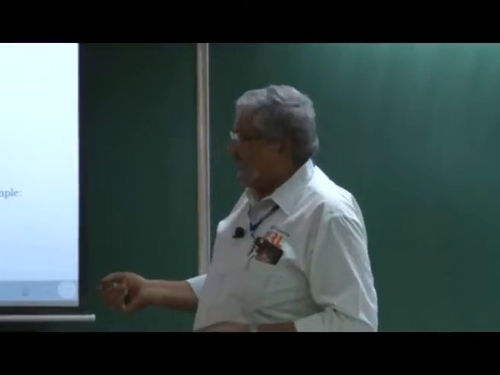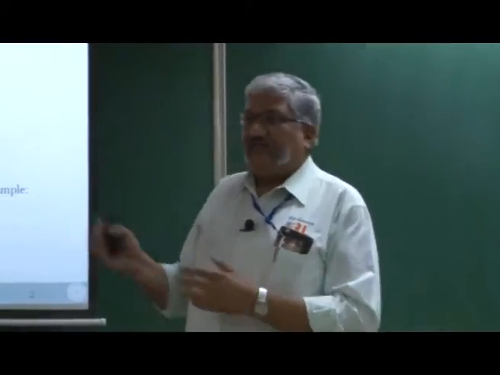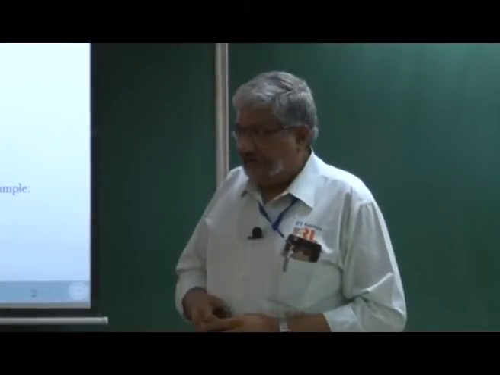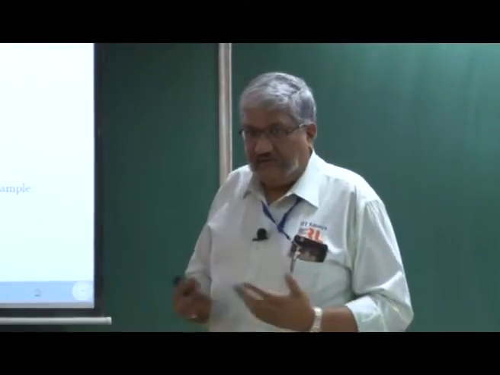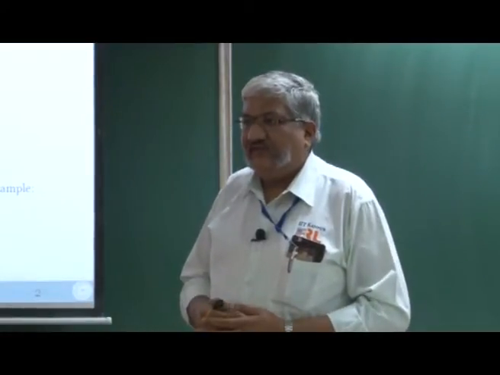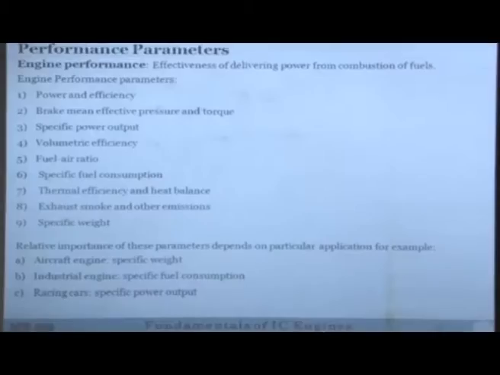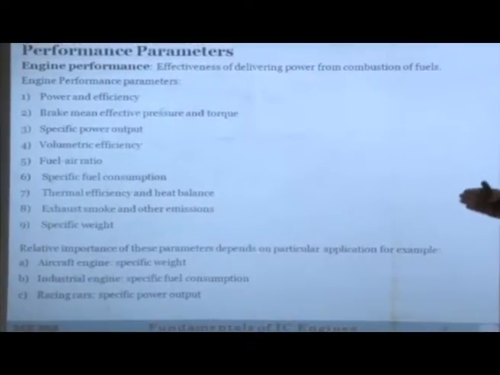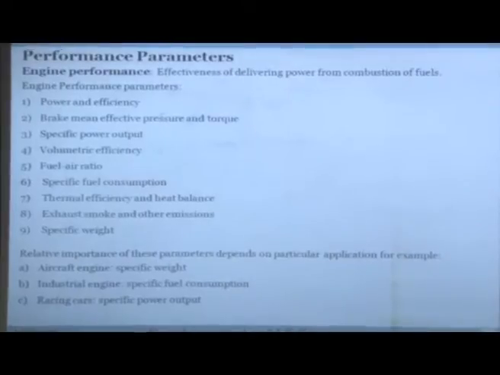Similarly, if it is an industrial engine and you are generating power, for example, if you put an engine for IIT Kanpur power production, 8 megawatt, what is more important, weight or fuel economy? In that case, specific fuel consumption becomes extremely important, more important than in an aircraft engine. In the aircraft engine, specific weight is more important than specific fuel consumption. So depending on the application, the importance of the individual parameters changes.